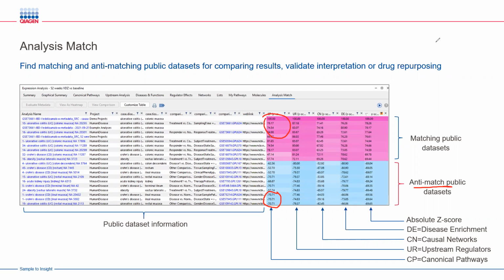Now, you might be wondering, why do I care about comparing my whole data set with these public data sets? So a lot of our users like to compare their data with public data because, one, this is a very nice way to validate your own findings. So imagine, let's say you're working with an Alzheimer's disease data set.